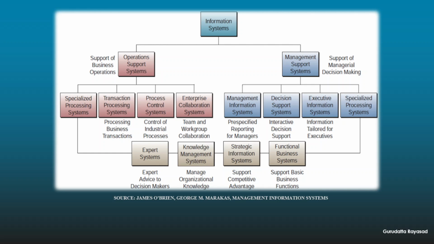And strategic information systems, as you know, are useful to make strategies which support competitive advantage. And functional business systems support basic business functions, related to sales, marketing, or finance. For the specific function or need of the business, we can take as many information systems as needed.